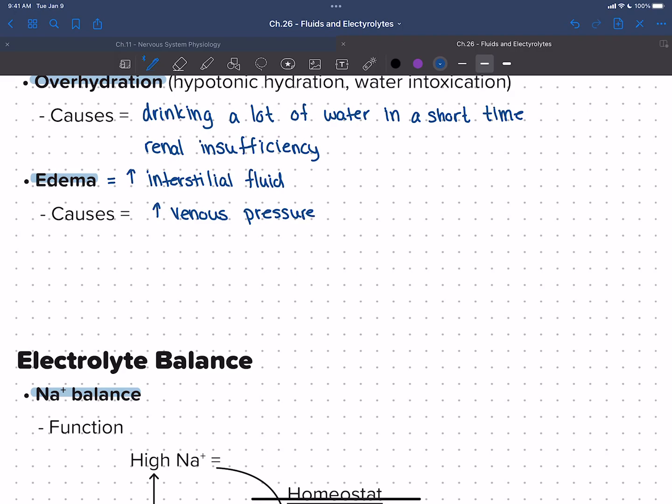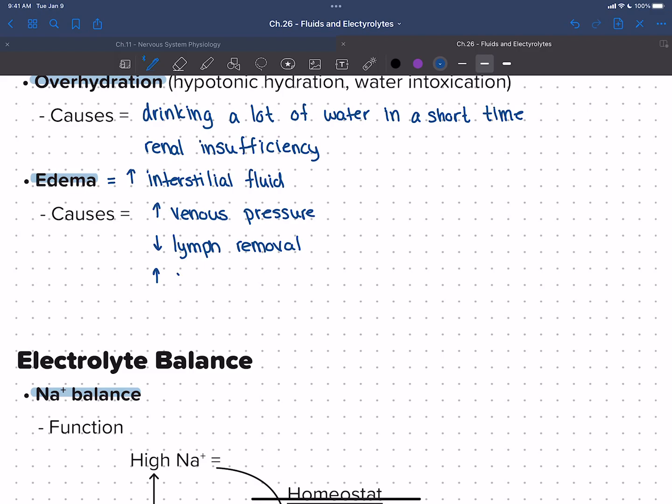All right, also it can result from poor lymphatic drainage, so your lymph vessels aren't properly draining interstitial fluid, so decrease in lymph drainage or removal. If your capillaries become more permeable and release more fluid, that will increase that interstitial fluid, causing edema, right?